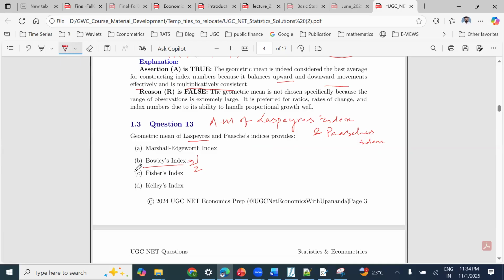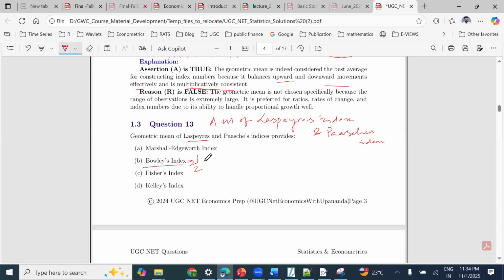I am just telling you the formulas first. This is already, I think, all of you have given the answer, right?